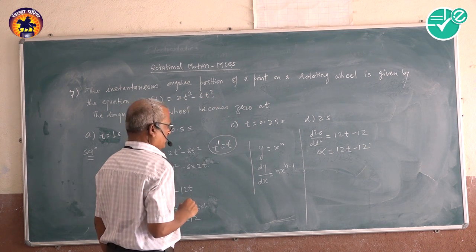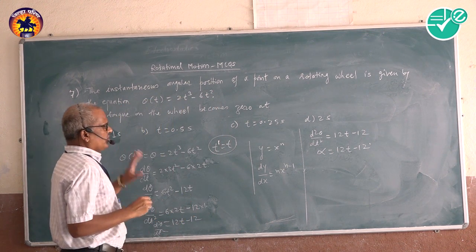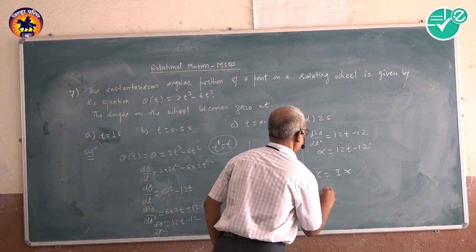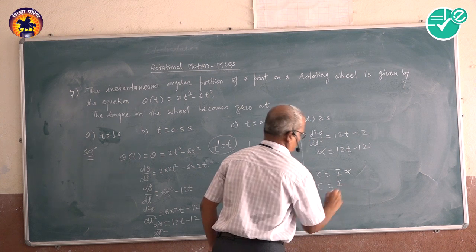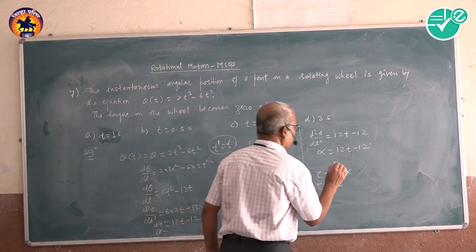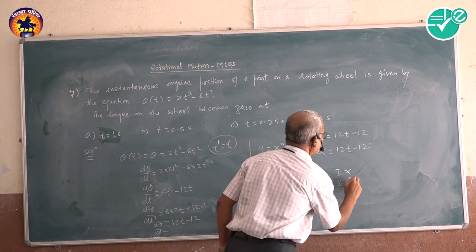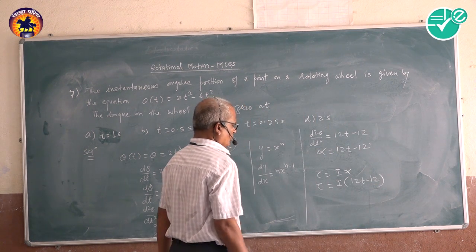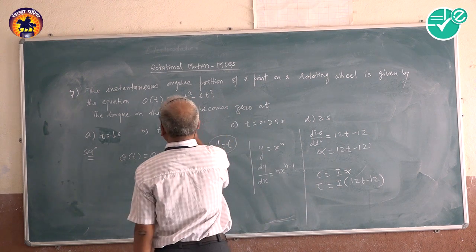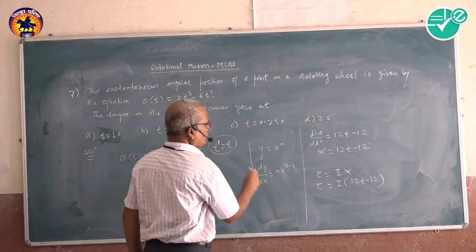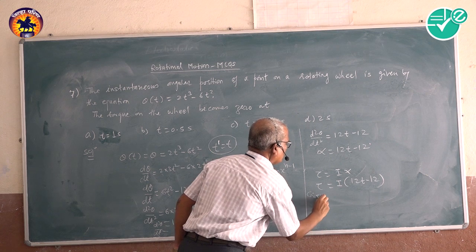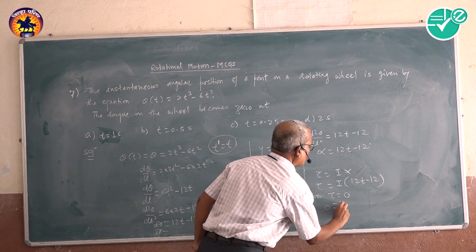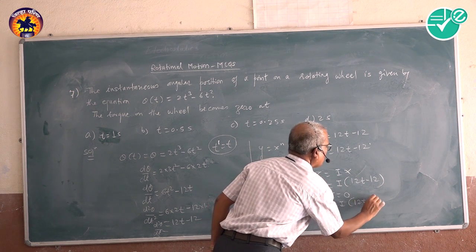Now torque is equal to I alpha. The value of I is not given, so write I and put the value of alpha, 12t minus 12. Since the torque on the wheel becomes 0, given that tau is 0, so 0 is equal to I into (12t minus 12).